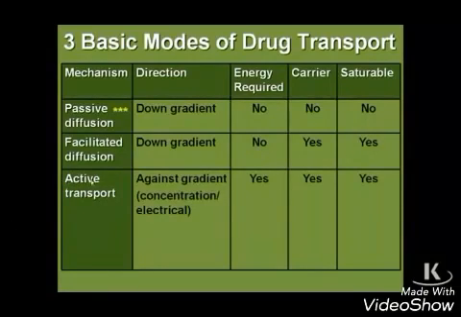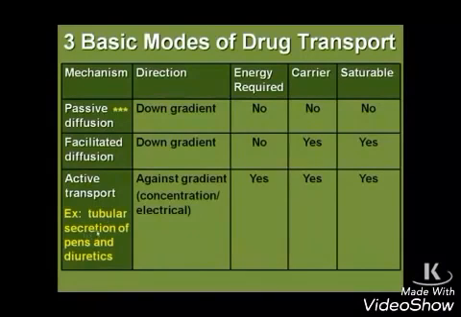Also, only a few examples of drugs moving by active transport, and one example we'll refer to later in our notes is the tubular secretion of penicillins and also of diuretics. Simply the ability of those drugs to be secreted, for example, in the proximal tubule, which is where this is taking place. Since it's active transport, it's against the concentration gradient.